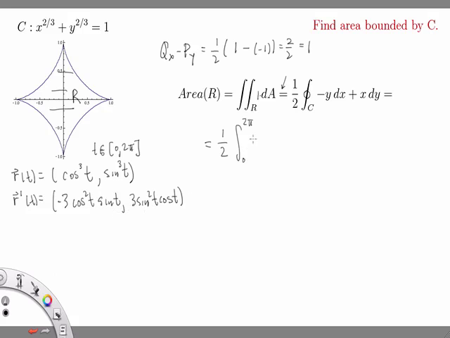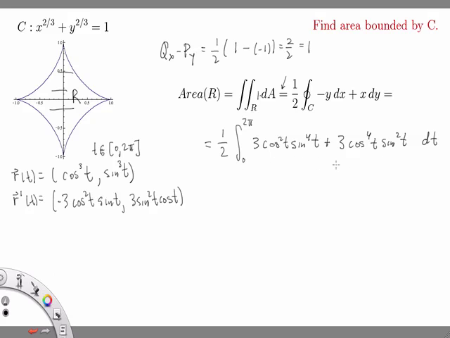And so that actually gives me a positive 3, and then it's cosine squared t sine to the 4th t. And we'll save the dt for the end. And I have plus x dy, so cosine cubed times 3 sine squared cosine. So I get plus 3 cosine to the 4th t sine squared t dt.